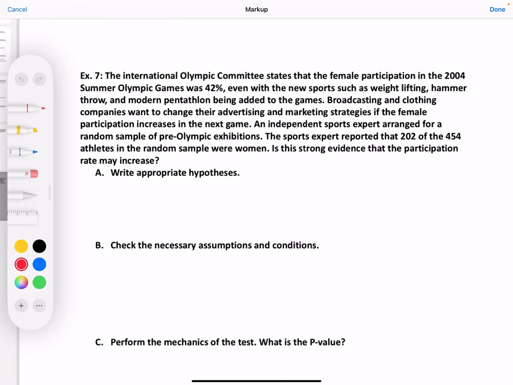So we care about this may increase part. So the null hypothesis is going to be p is equal to 0.42. So that means my alternate is what? Yep. Greater than 0.42.